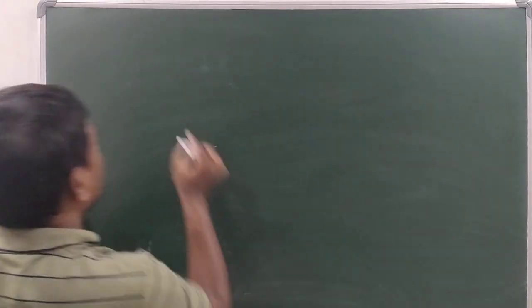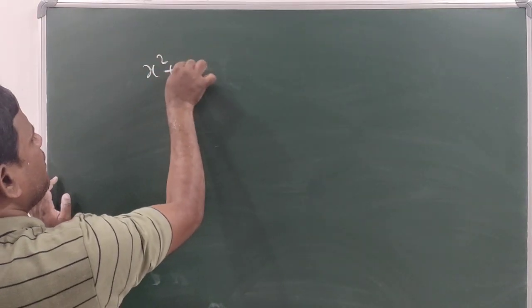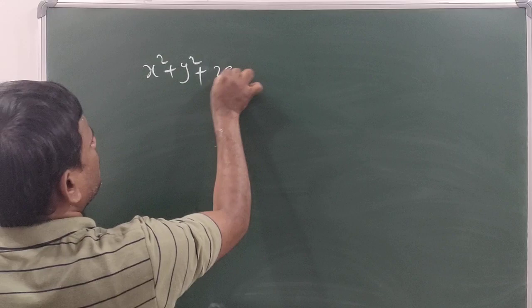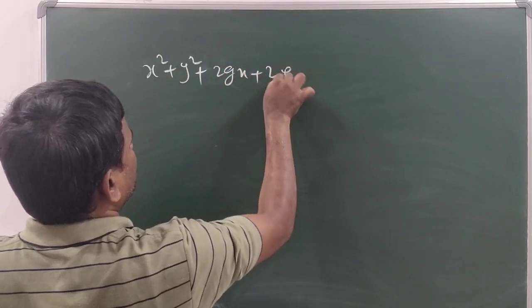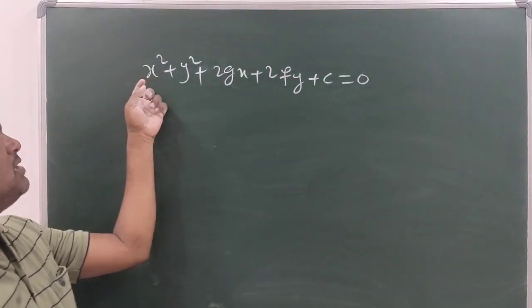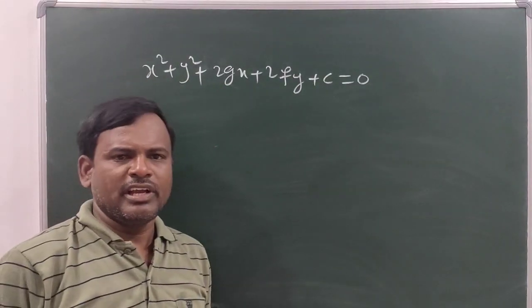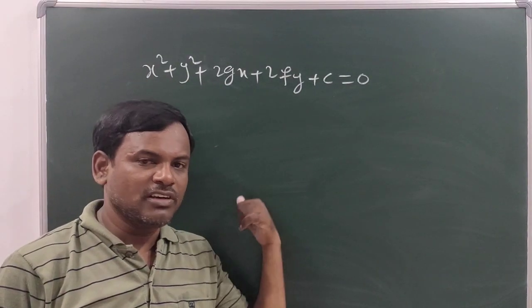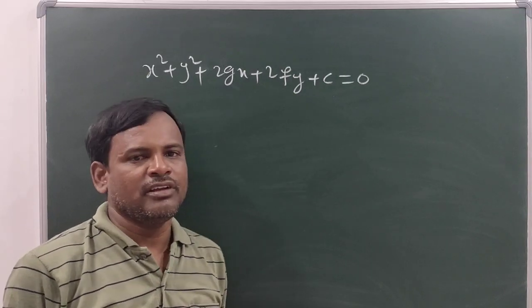Suppose the circle equation is given like this, x square plus y square plus 2gx plus 2fy plus c equal to 0. Now in the place of a, the x square y square coefficient, I have taken 1.